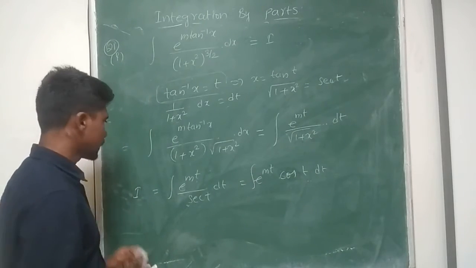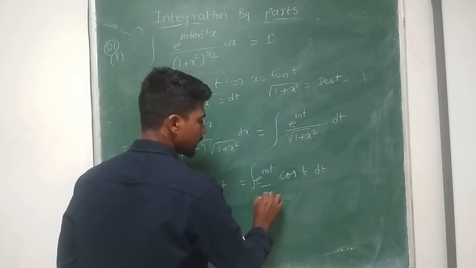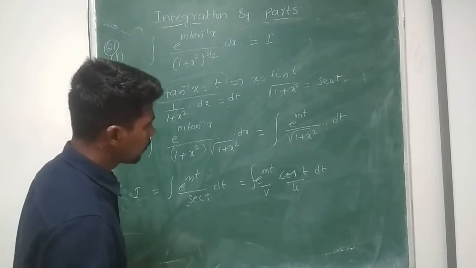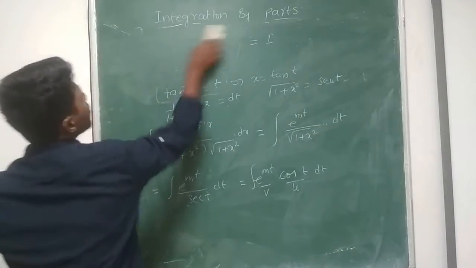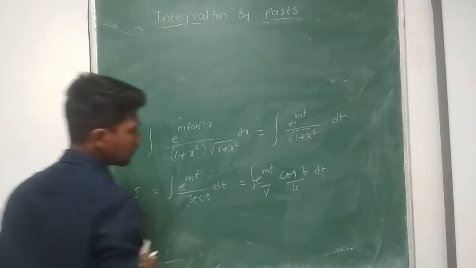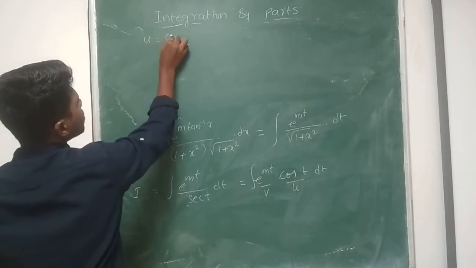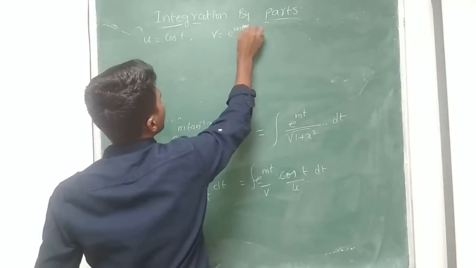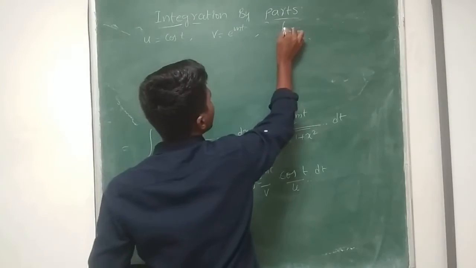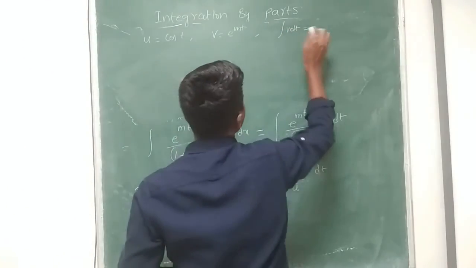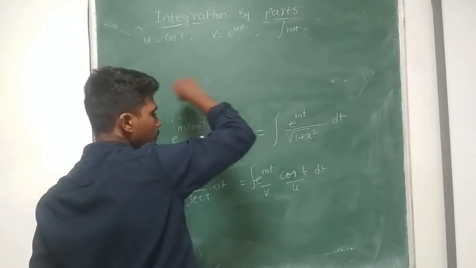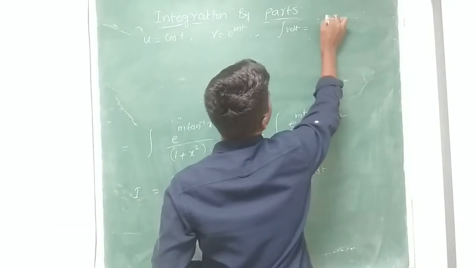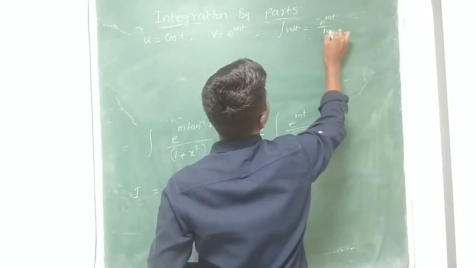So if I consider this particular thing as I, now this one acts as u and this is v. Then u I can say is cos t, v will be equal to e power mt. Now integral v dt is nothing but e power mt by m.